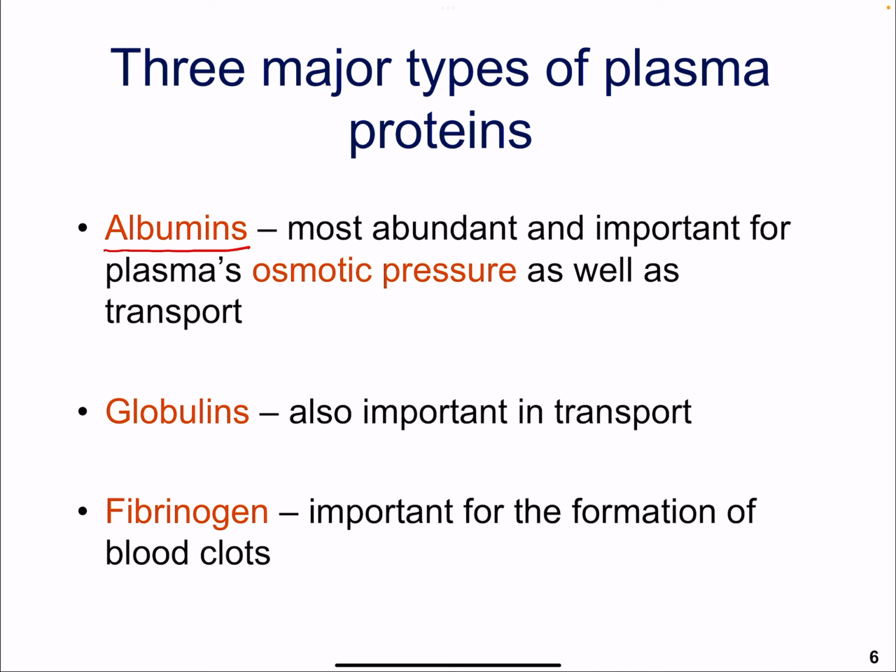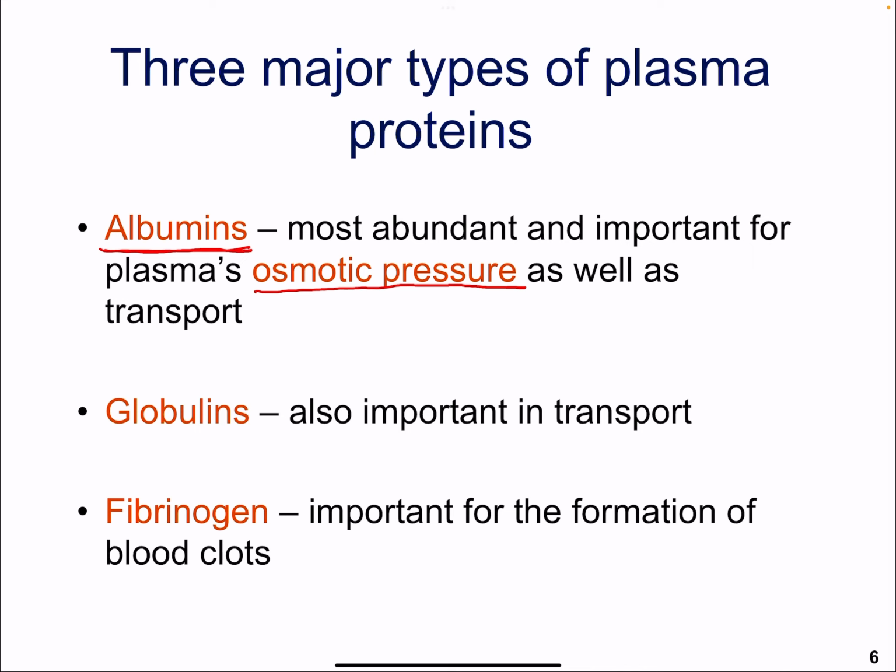Albumin is very important in terms of abundance in the plasma and is going to play a very important role in the osmotic pressure, as well as helping in the transport of nutrients. In other words, albumin is going to attach to some nutrients for the sake of carrying them, right?